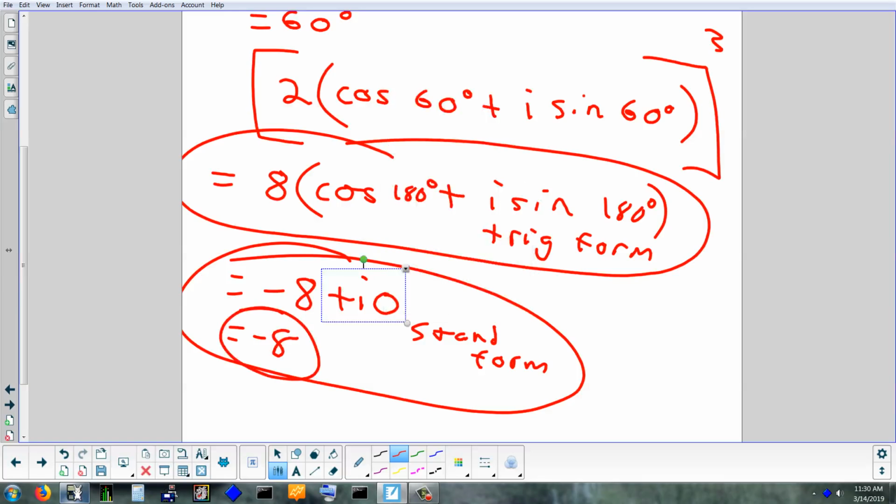So in this case, in standard form, you just get -8. It's not wrong if you leave it as -8 plus i times 0, or some people might write 0 times i. But if it's 0 times anything, it really just cancels out. Okay. I'll do one later on where this part's not 0. But any questions on how to leave your answer in trig form or standard form?